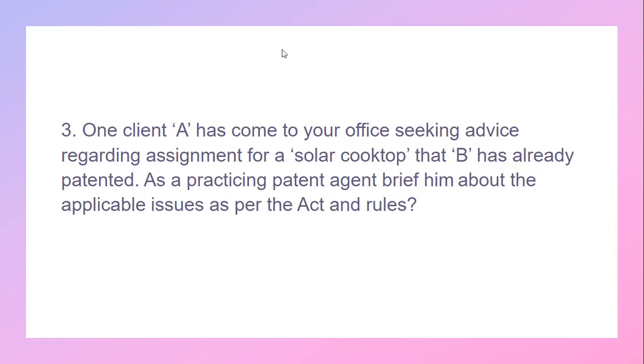Ma'am, have you covered section 52? Section 52, grant of patent to true and first inventor where it has been obtained by another in fraud of him. No, I have not covered section 52.